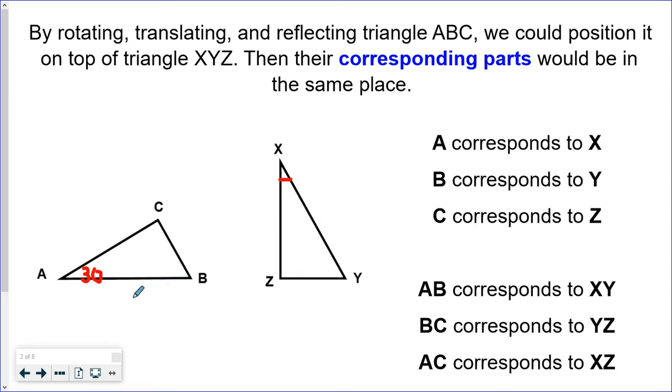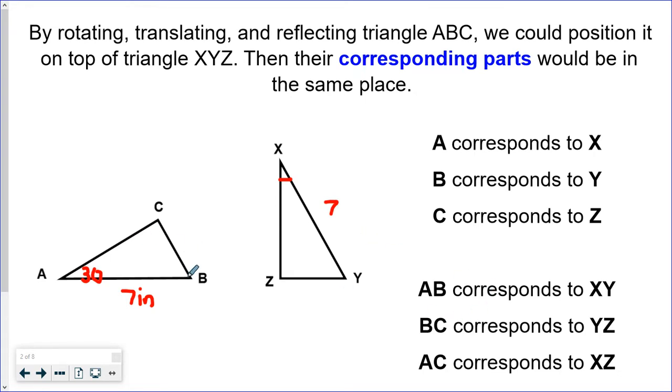If AB is 7 inches, then already we know the length of XY. If they correspond with each other, XY would also be 7 inches.